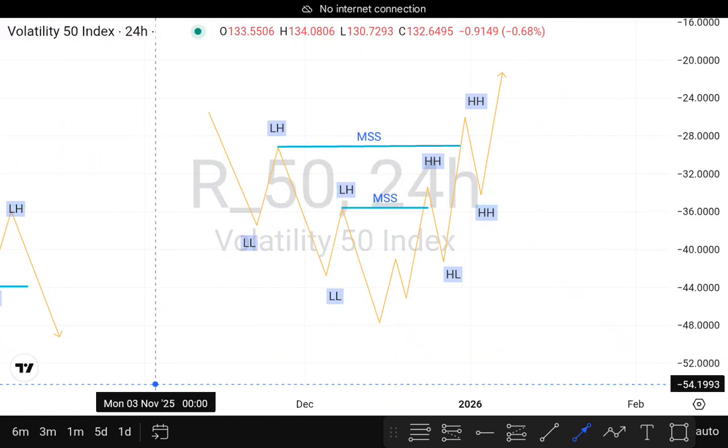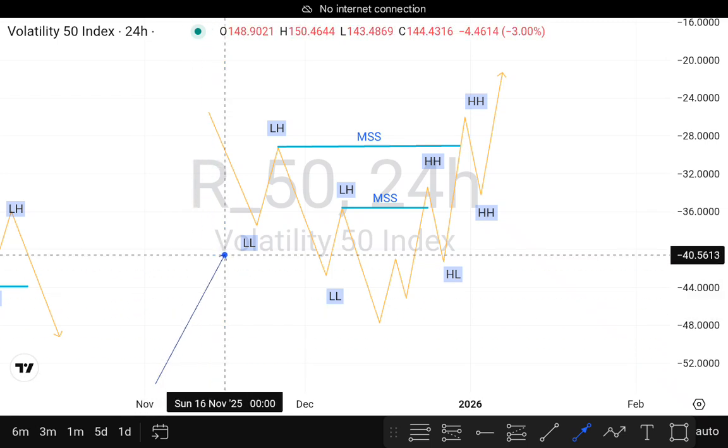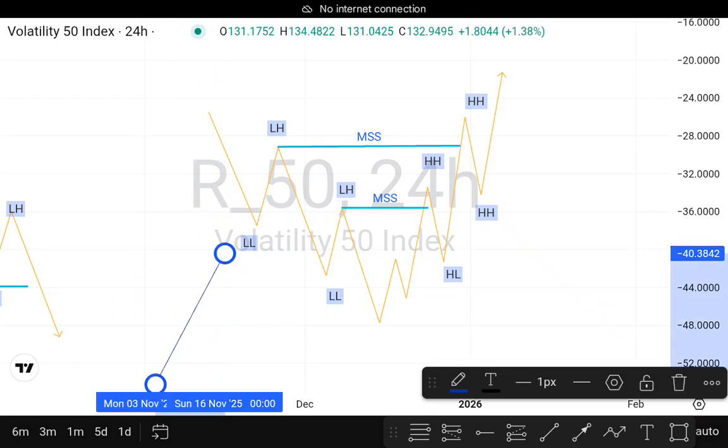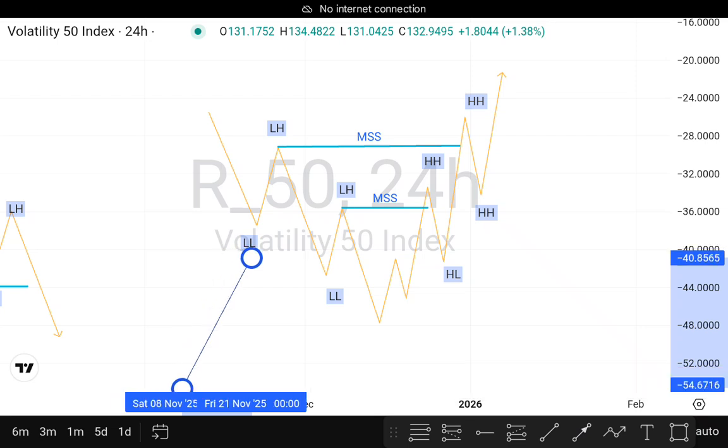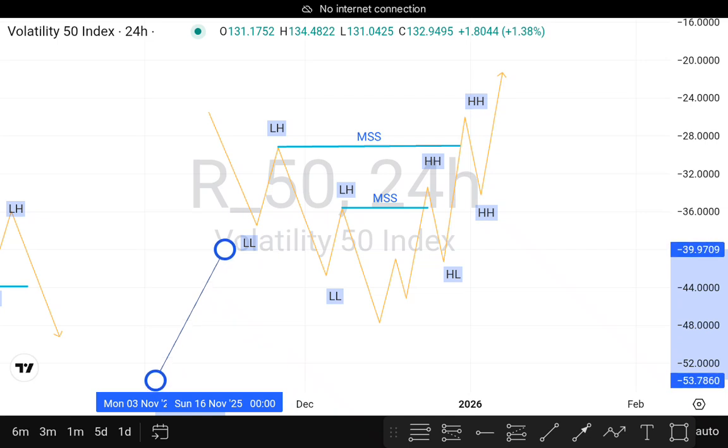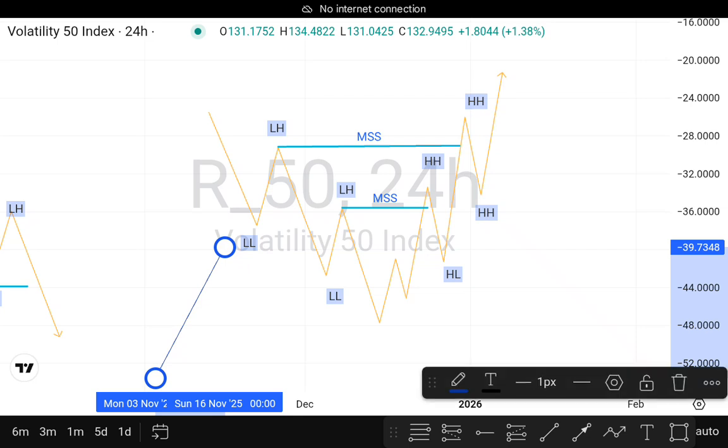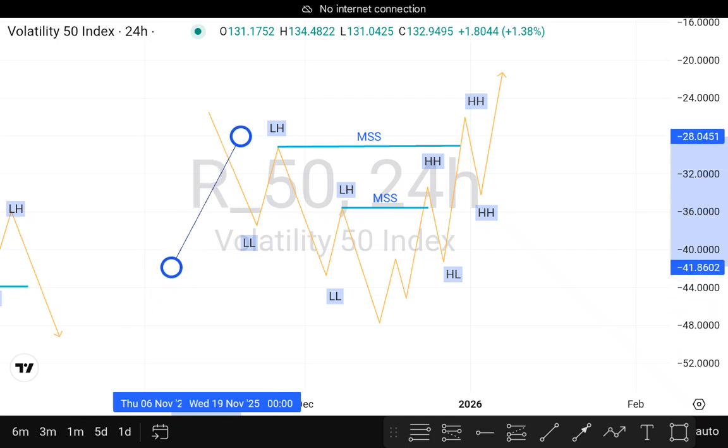market structure shift. So as you can see here, we're in a downtrend, and a downtrend has two key concepts, which are the lower low and the lower highs.